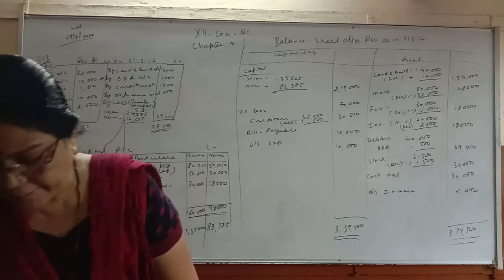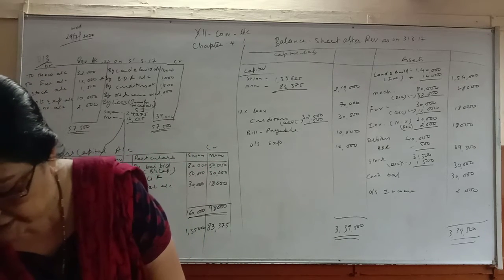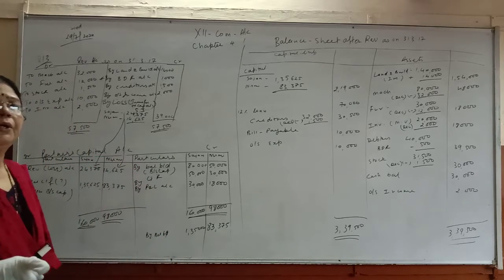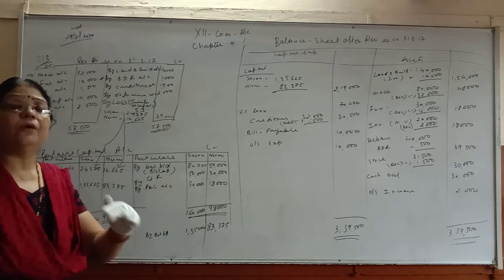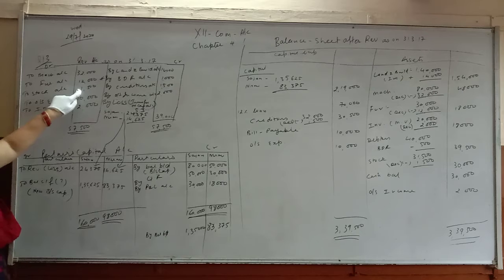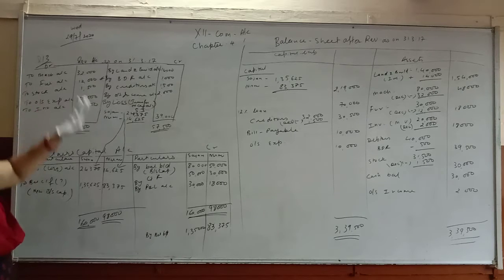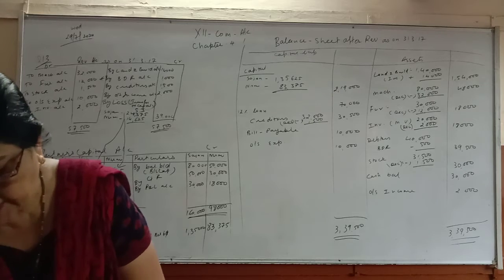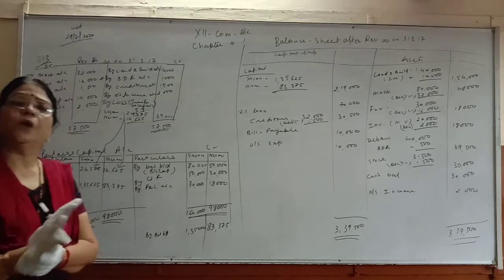In the same way, repairing charges for stock is required. Repairing charges means, I told you, it is the reduction in the value of stock. So stock is an asset. So the asset decreases. So we are writing on the debit side. The next one is creditors 1,500 not required.